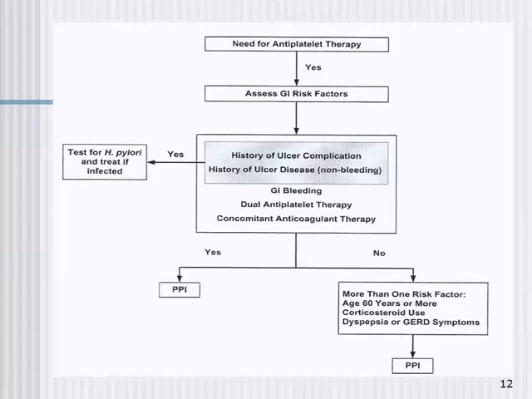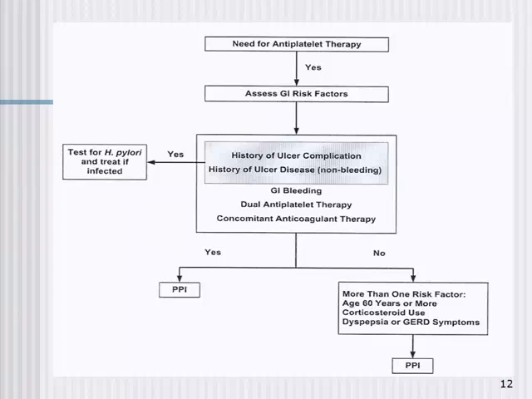And so if the answer is they do not have H. pylori, then obviously they're going to need to be prophylaxed. If there's a history of GI bleeding, the patient's on dual antiplatelet therapy, or you're going to add warfarin to either aspirin, clopidogrel, prasugrel, or some combination thereof, then a proton pump inhibitor would be recommended.